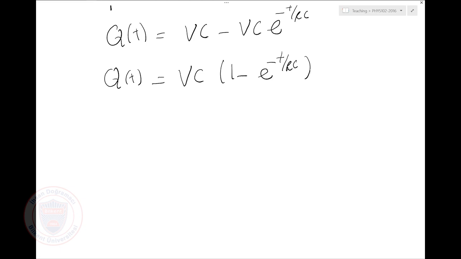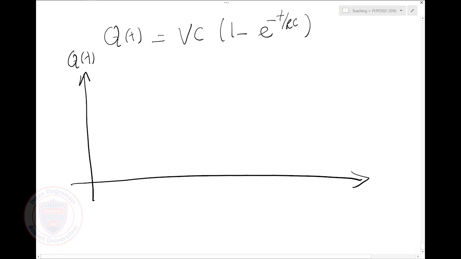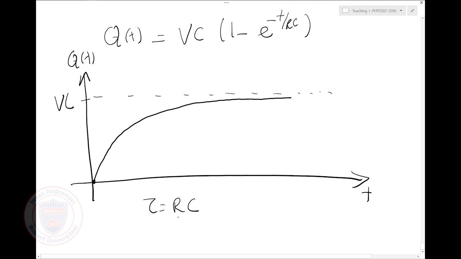It's very much like uncharging the capacitor, but now my charge starts from 0 and it has a limit, which is going to be Vc, and the circuit approaches this limit exponentially again with some time constant Rc.